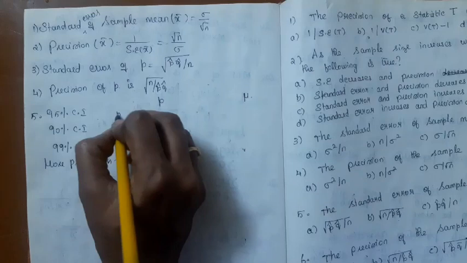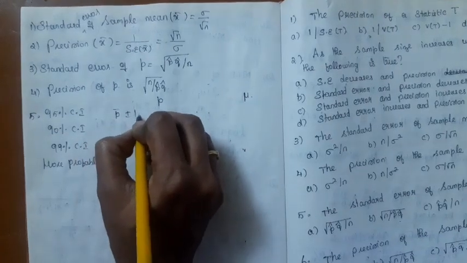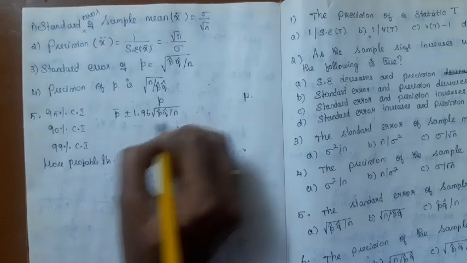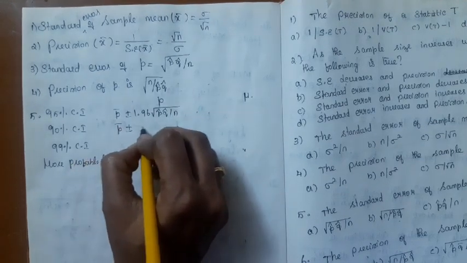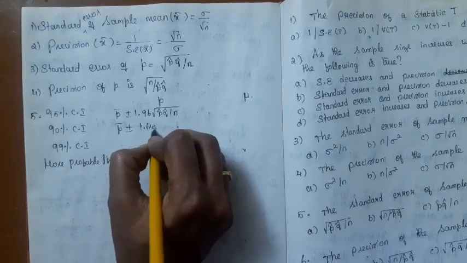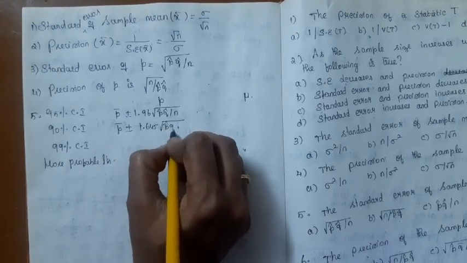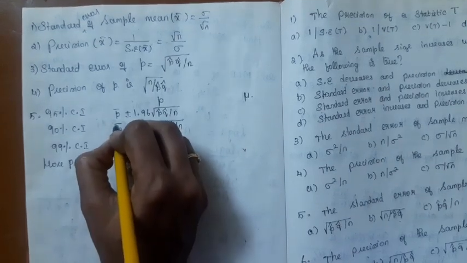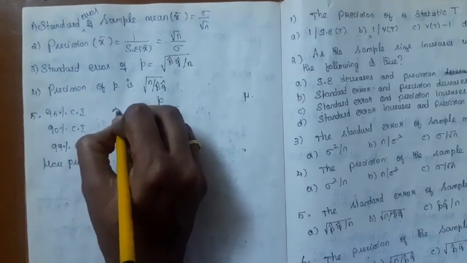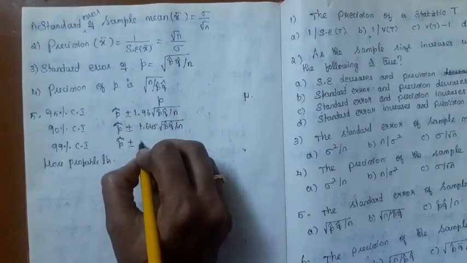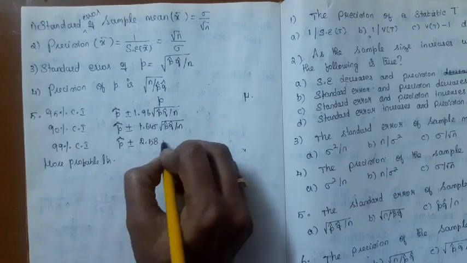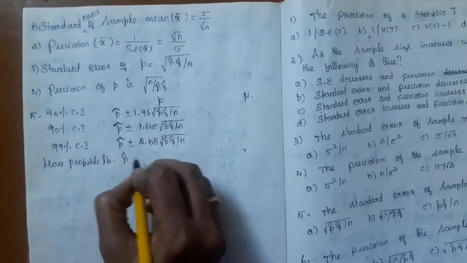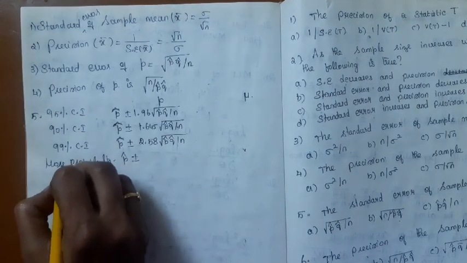So here it is p bar plus or minus 1.96 into square root of p cap q cap by n, and p bar plus or minus 1.645 into standard error of p, which is this. P cap, it is actually p cap. Okay, p bar plus or minus 2.58, 99% confidence interval is 2.58. And most probable limits is this.